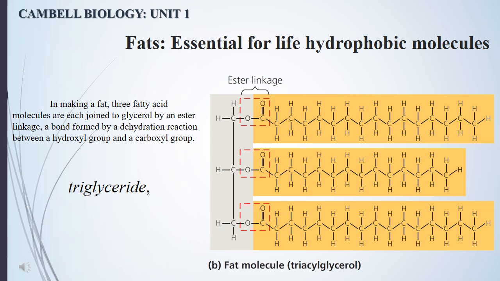Another word for fat molecule that we all have heard of is triglycerides. Triglycerides are the general form of fat: one molecule of glycerol with 3 molecules of fatty acids attached to it.